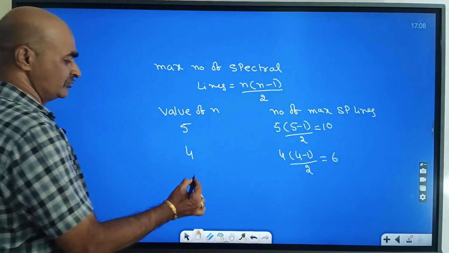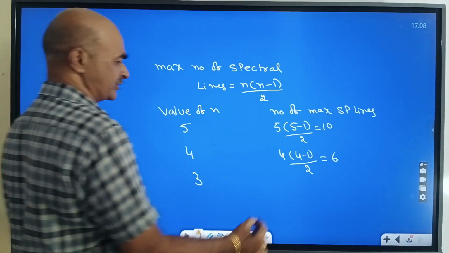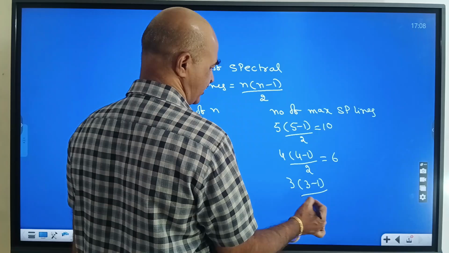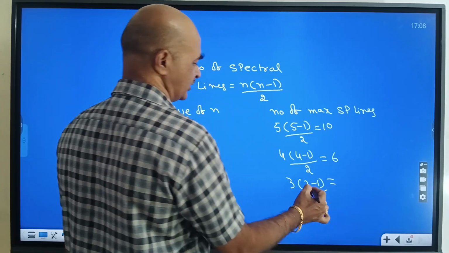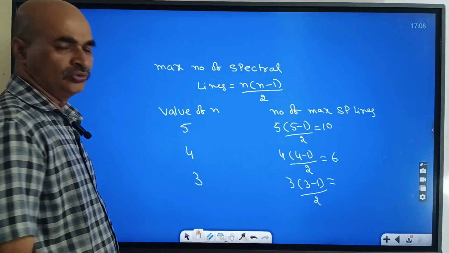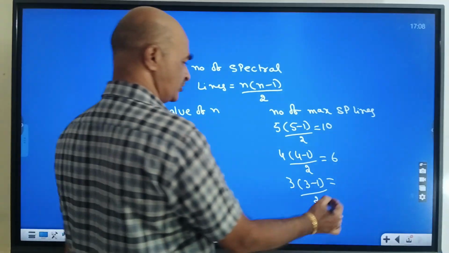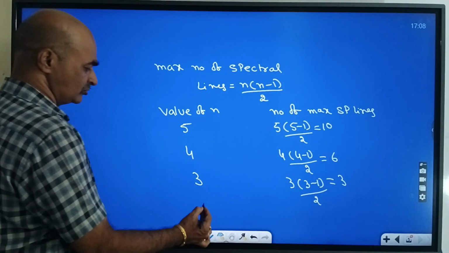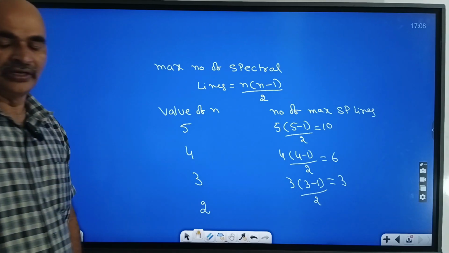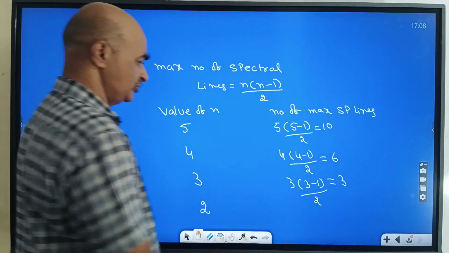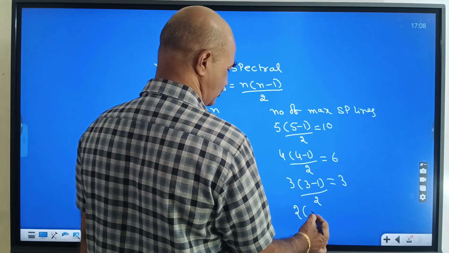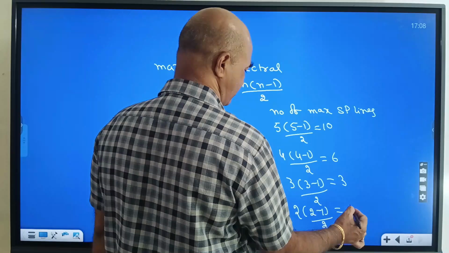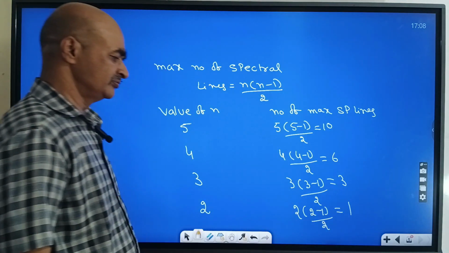When n is equal to 3, the number of spectral lines is 3 into 3 minus 1 divided by 2. 3 minus 1 is 2, 2 into 3 is 6, 6 by 2 is equal to 3. When n is equal to 2, 2 into 2 minus 1 divided by 2, the number of spectral lines is 1.